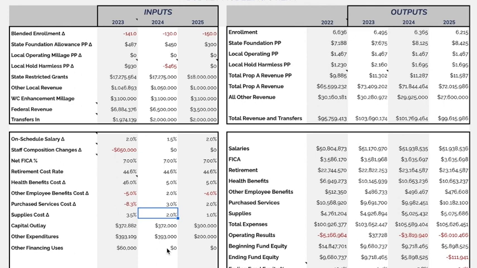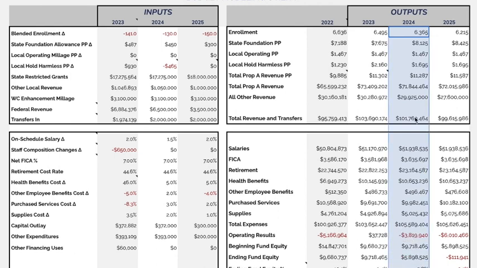So when we put all of those inputs in all of this column, the outputs give us this. And let's see what happens here. So you see enrollment is down. You see the state per pupil is up because of the 450 over here.